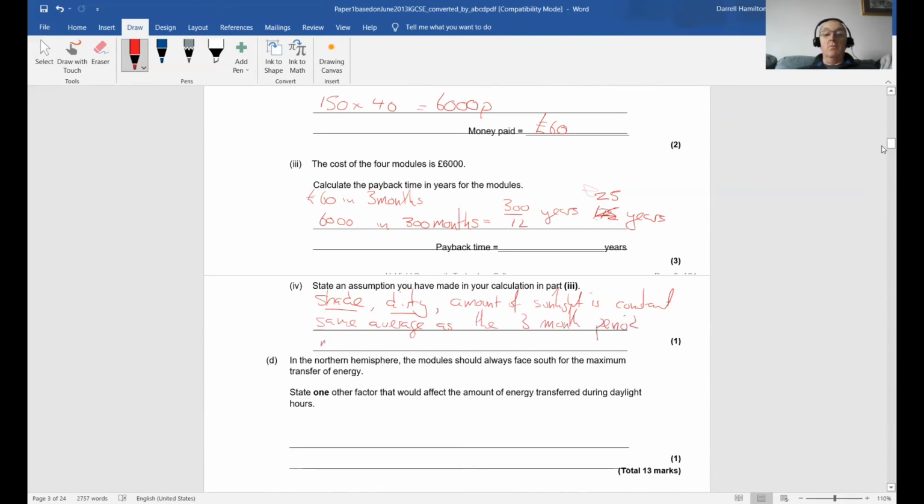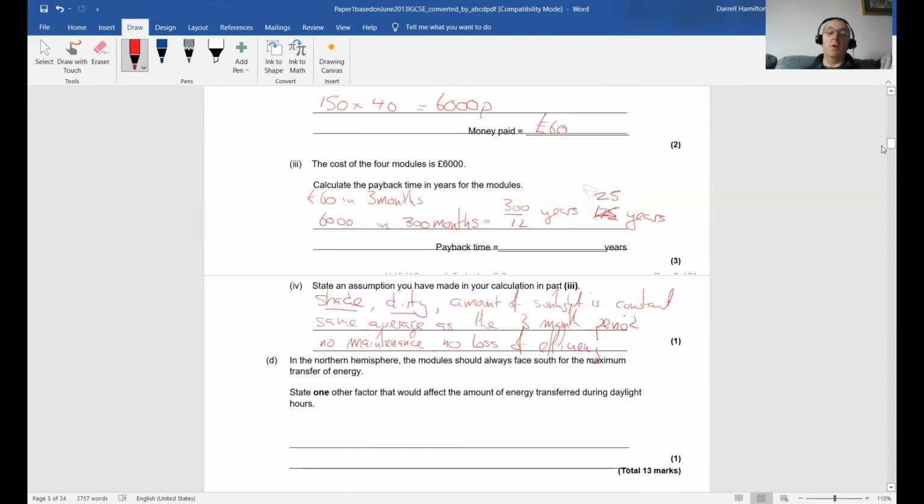You're assuming no maintenance. You're assuming no loss of efficiency. So there's lots of things you could say about that.